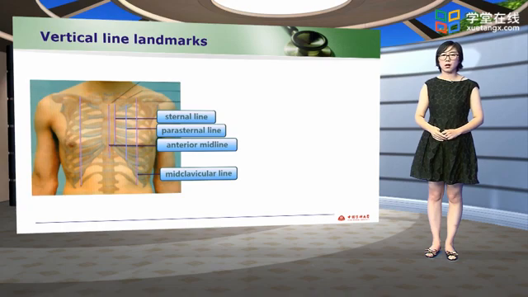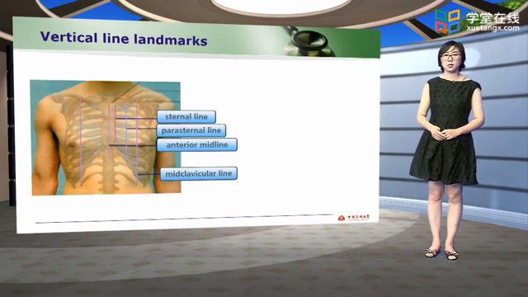The first line is called anterior midline. The anterior midline is a vertical line just through the middle of the sternum. And then is mid-clavicular line. This line is just through the middle point of clavicular.